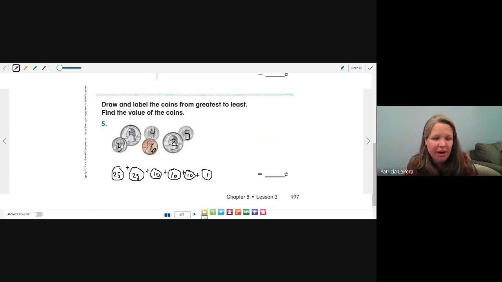So we've got 25 plus 25, so 2 quarters. 25 plus 25 is 50 cents, plus 10 more cents, 60 cents, plus 10 more is 70 cents, 10 more, 80 cents, plus 1 more cent, 81 cents.